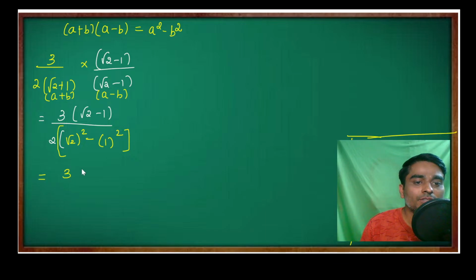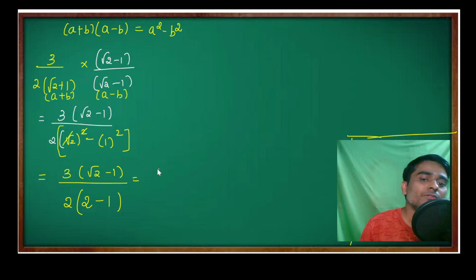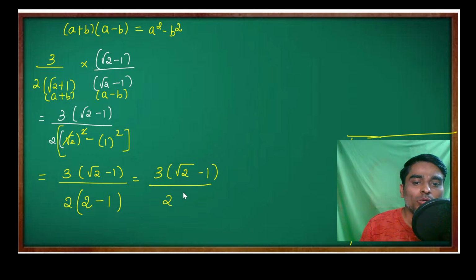3 into root 2 minus 1 divided by 2 into. Here you see root 2 square. This square and square root will go, so I am remaining with 2. 1 square is 1, minus in between. So the final answer is 3 into root 2 minus 1 divided by 2 into 1, 2 minus 1.